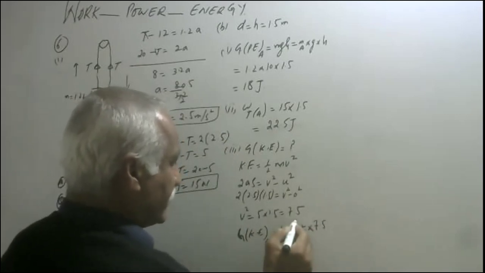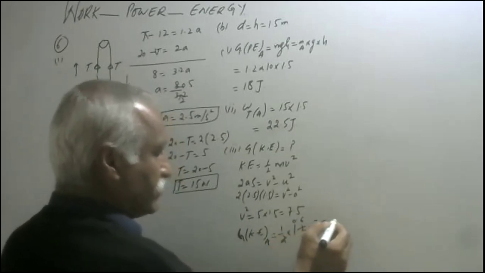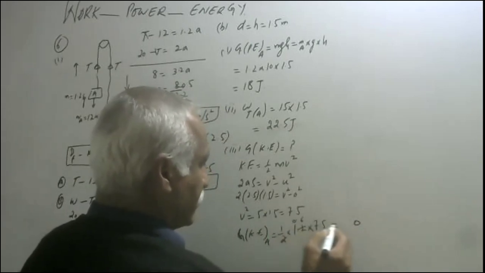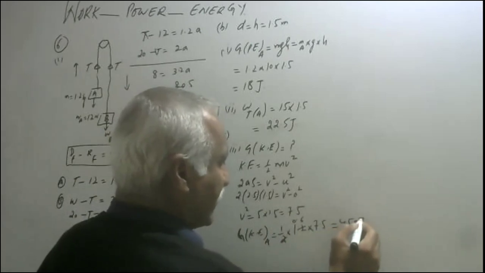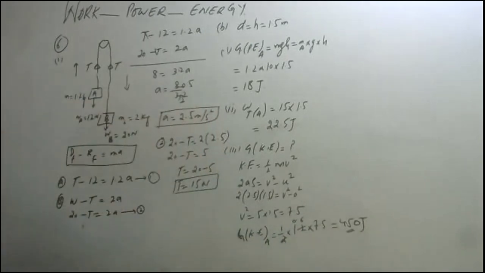So this is 0.6, and this whole value is equal to 4.5 joules is the answer for this part of the kinetic energy of the particle A there.